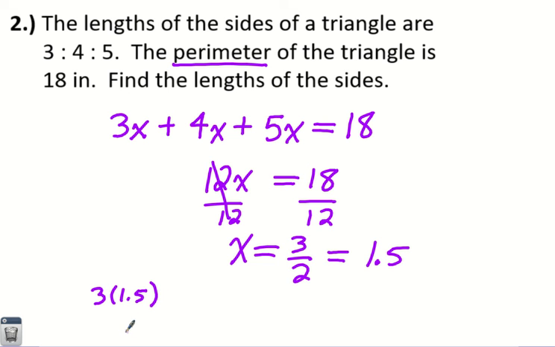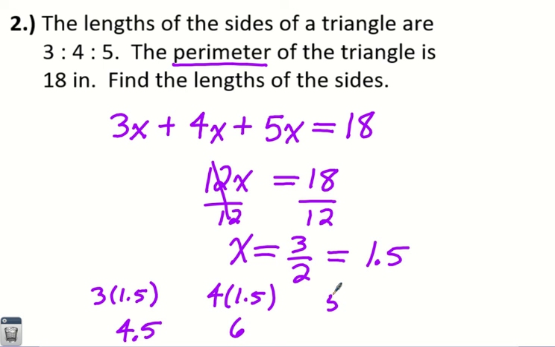is 4.5, so 4.5 inches. 4 times 1.5, that should be 6 inches, right? Let me check my calculator. Yeah, 6 inches.